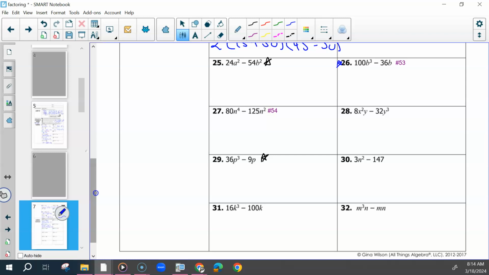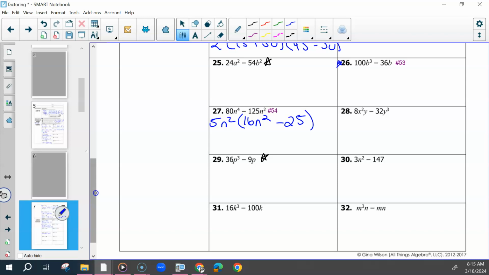So we can take out 5n squared, which would leave us with 16n squared minus 25. Would you have any n's? No, they both would cancel.